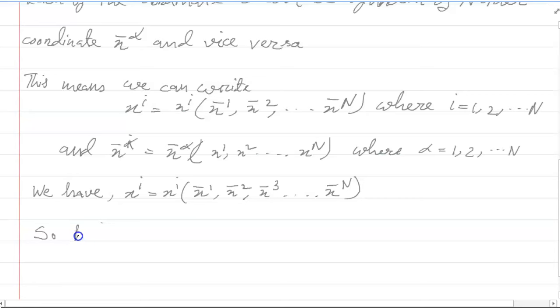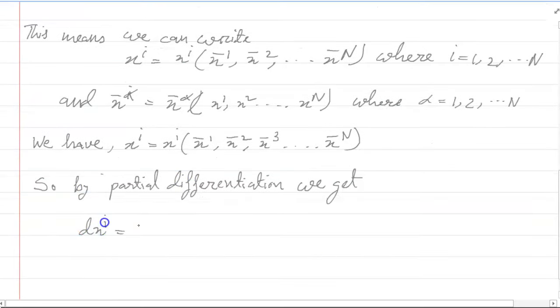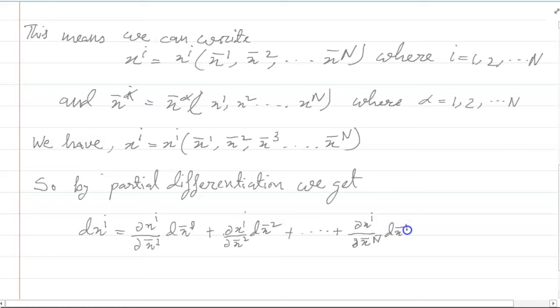So by partial differentiation we get dx^i = ∂x^i/∂x̄^1 dx̄^1 + ∂x^i/∂x̄^2 dx̄^2 and so on, up to ∂x^i/∂x̄^n dx̄^n.